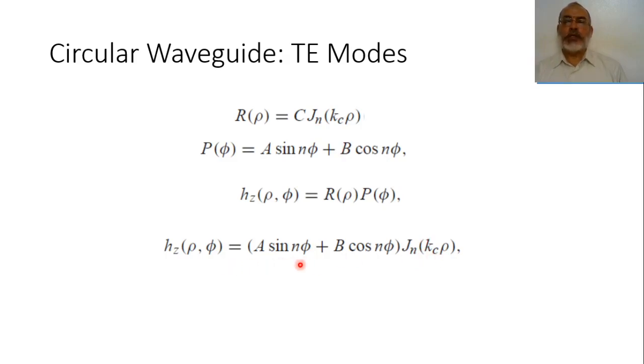So this is the mode function of Hz as a function of rho and phi. Now the total magnetic field Hz can be obtained as this mode function multiplied by e to the power minus j beta z.